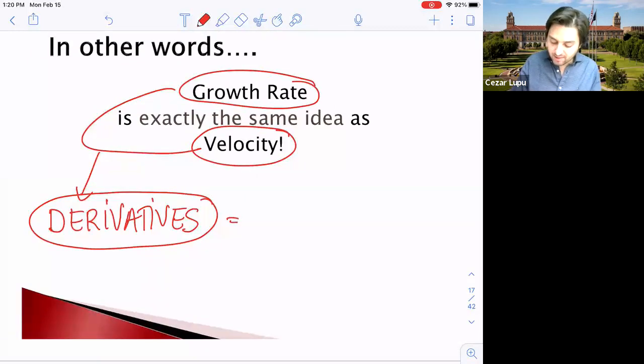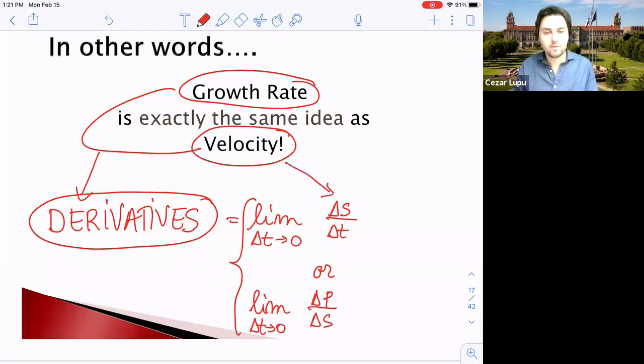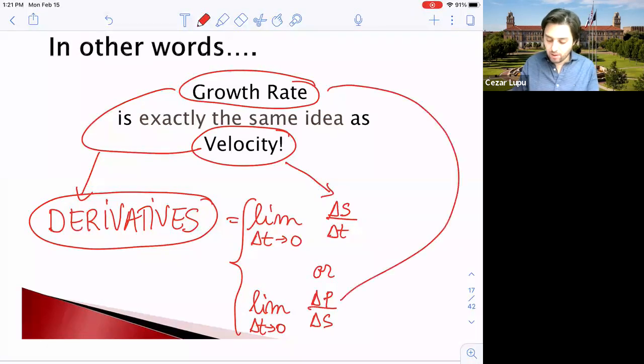So this would be something like the limit as delta T approaches 0 of delta S over delta T, or the limit as delta T approaches 0 of delta P over delta T. So the velocity goes here and the growth rate will go here, right? So that's the word we're looking for at this point. We'd like to see what derivatives are all about.